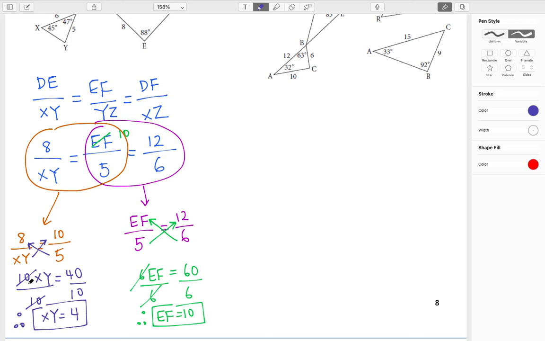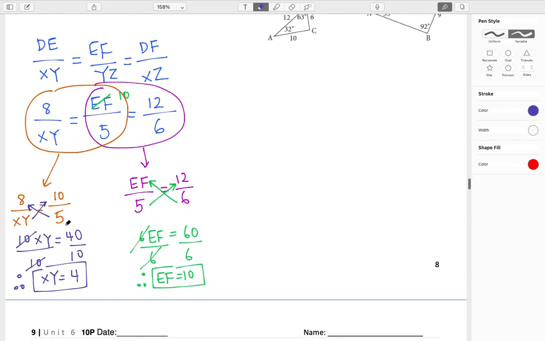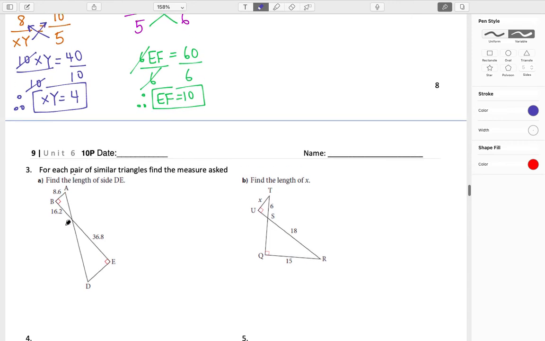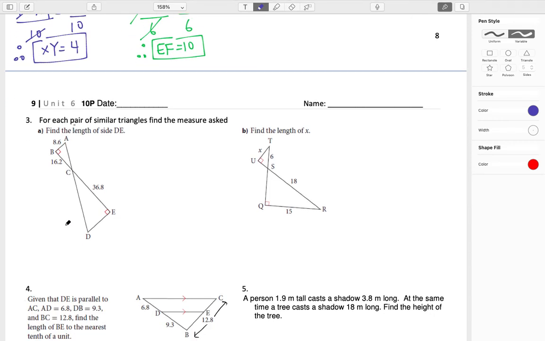Okay, so maybe let's try triangle 3B. Now, the hardest part about 3B is that it doesn't tell you the statement like what we did here, like saying triangle ABC is similar to, let's say, XYZ, right? It's not given here.